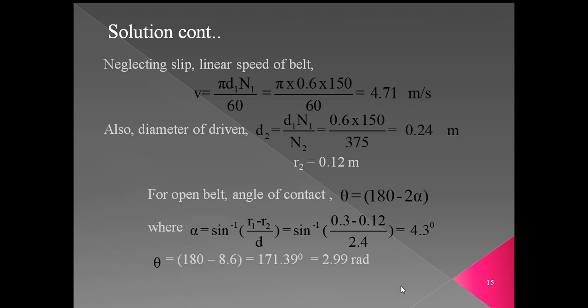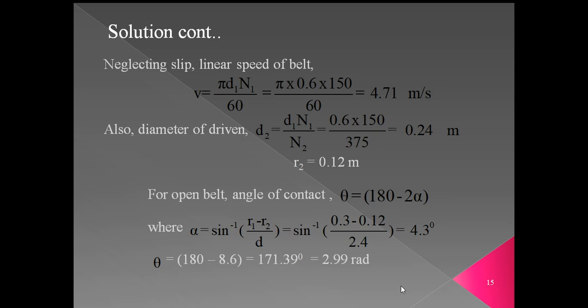So that is equal to pi into 0.6 into 150 by 60. D1 is 0.6, and the speed of the driver pulley is 150 rpm. By substituting the values, we got V as 4.71 meter per second.